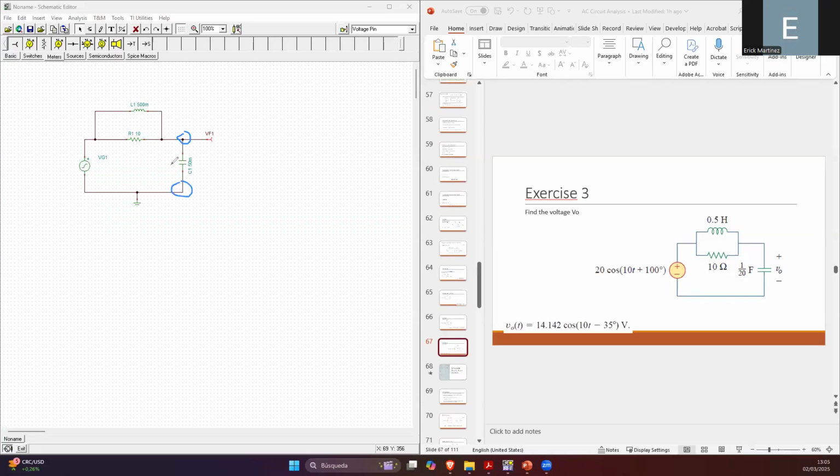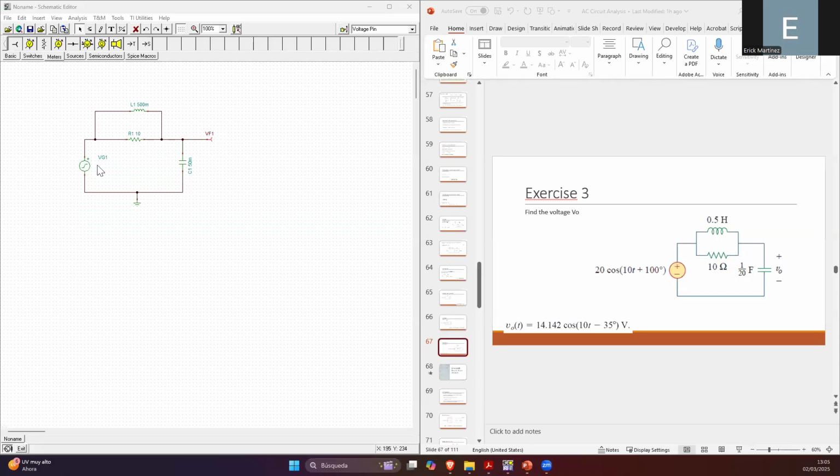And this voltage V sub 0 is essentially the voltage between these two nodes. So the voltage that will appear here is the voltage that we need. So we can erase all of this.